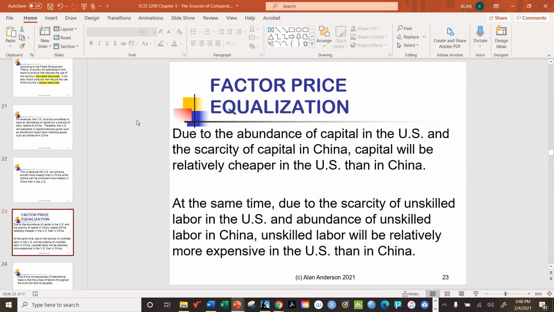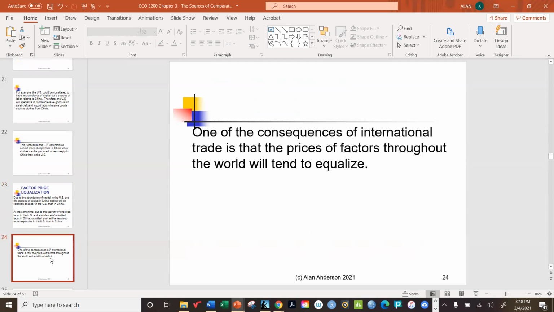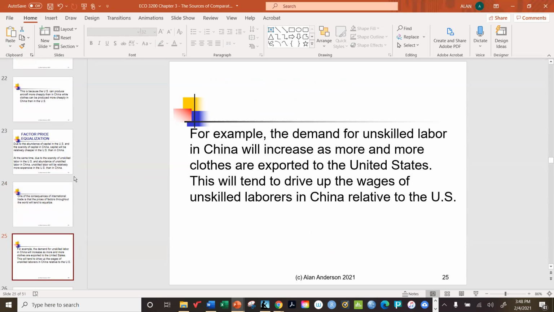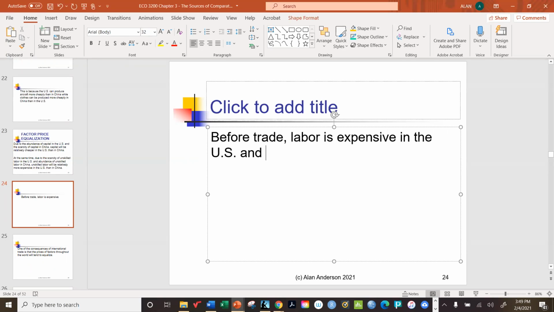In other words, as trade starts taking place and we start selling airplanes to China and they start selling clothes back to us, what we're going to see is that wages, let's mention this, as trade takes place, before trade, labor is expensive in the US and cheap in China.